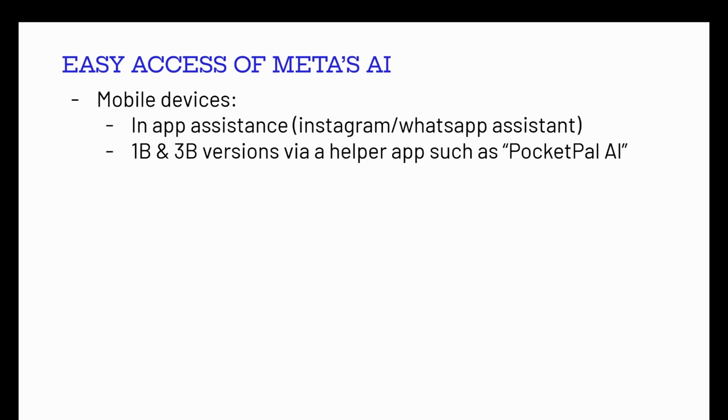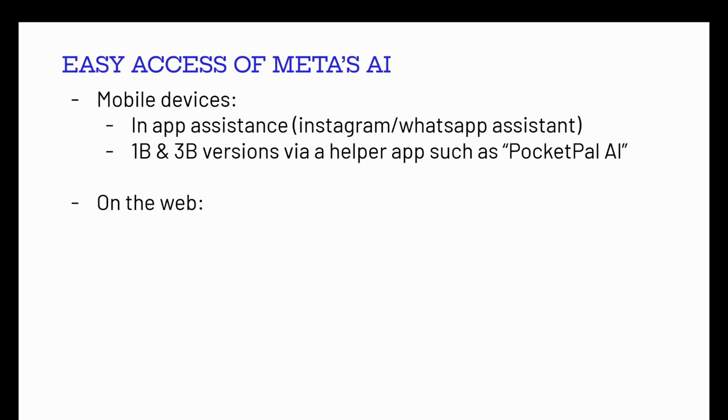But I also believe that Samsung and Android have a specific Meta app that's already integrated into their mobile devices. So you can just click on that application, click on the version that you would want to download or run, and then just use it from there. So very easy to access.